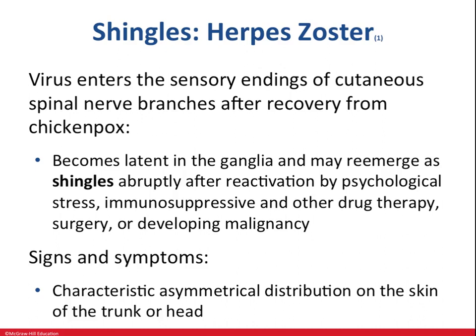Shingles is caused by herpes zoster. Herpes zoster is a type of virus that can get into the nervous system, the sensory nerve fibers of the spinal nerve or branch. The virus can live in the neurons of the ganglia.